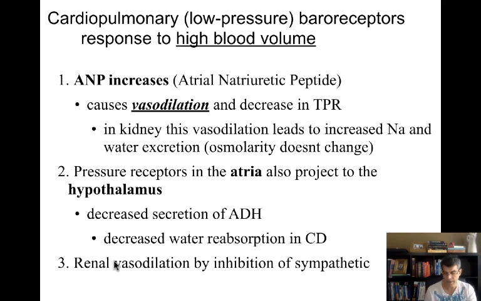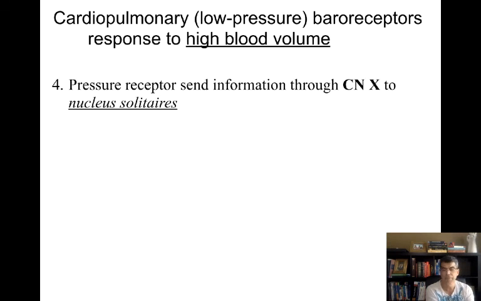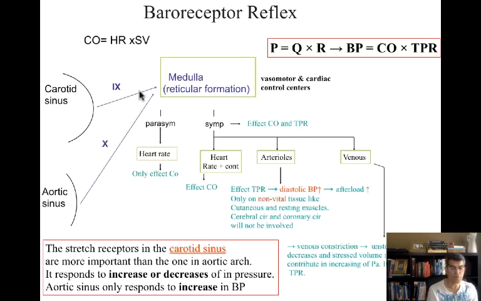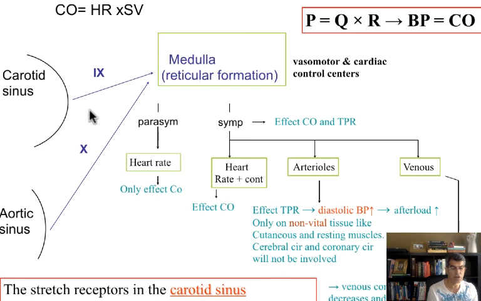And finally, these receptors in the wall of the atrium, vein, or pulmonary artery have a very important function: they're going to send information to the nucleus solitarius through cranial nerve number 10. Remember, in the case of high pressure baroreceptors, cranial nerves 9 and 10 are going to send information to the nucleus solitarius first, and as a result, they're going to change my heart rate.